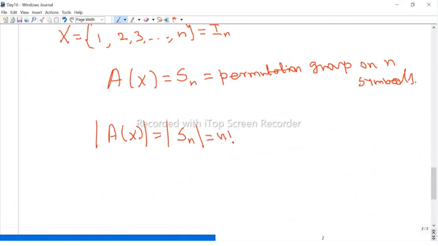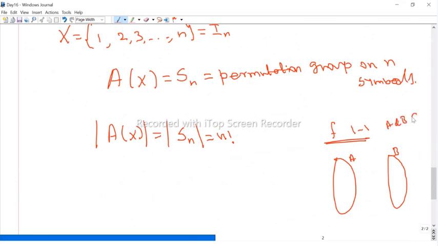So we can define n factorial bijective functions from the n-element set to the n-element set. This is all you should know. Suppose we have to define a function from one set to another set. Assume that both A and B are finite sets, that means they contain a finite number of elements.